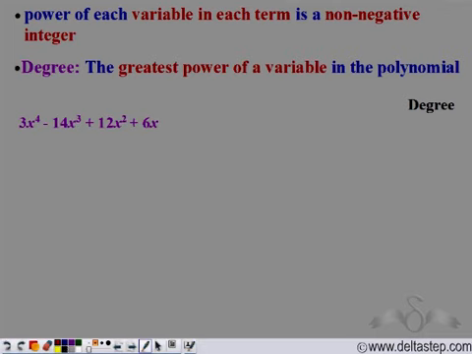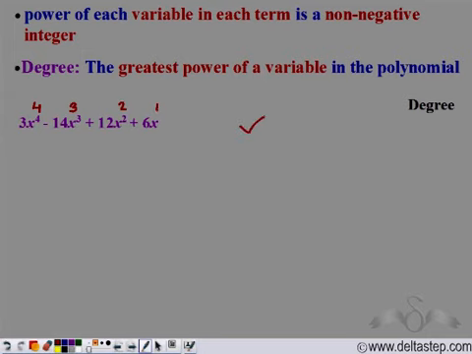The variable here is x. Power of x here is 4. Power of x here is 3. Power of x here is 2. And power of x here is 1. So the power of the variable in each term is a non-negative integer. So yes, this is a polynomial.